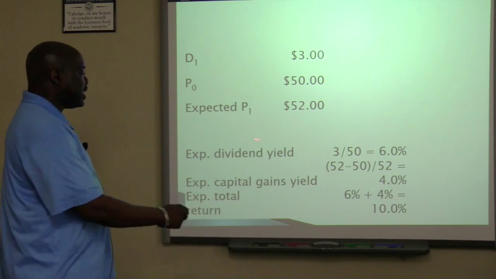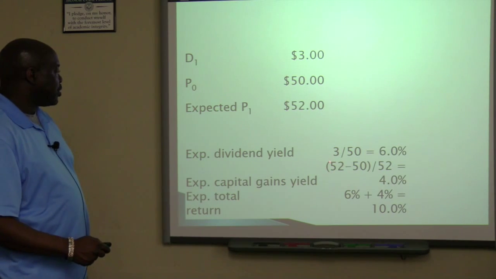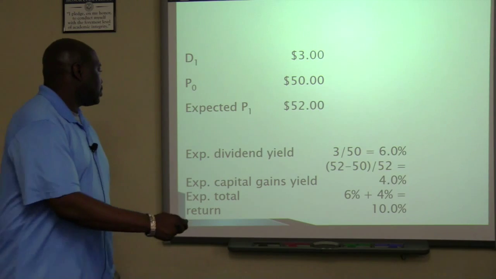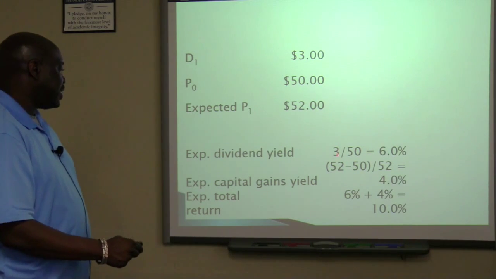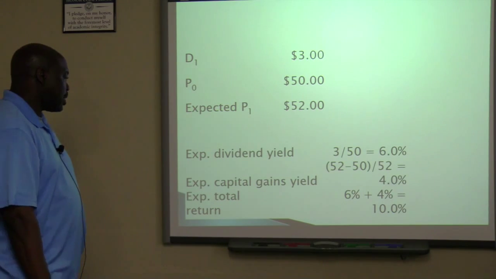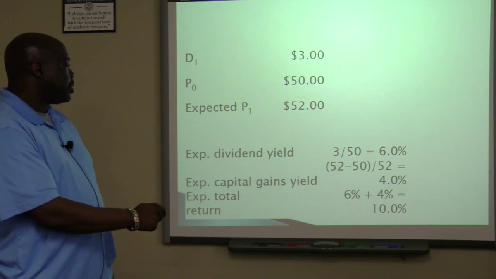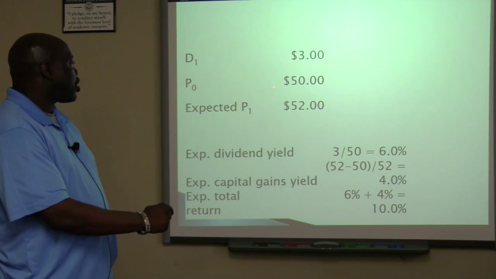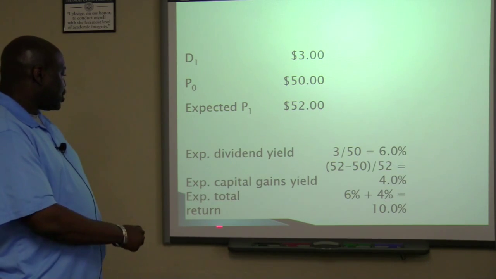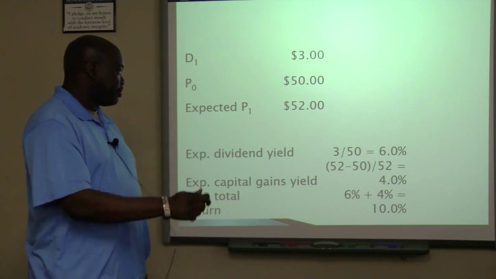We're going to take the $3 divided by our price of $50, so the expected dividend yield is going to be 6%. Our expected capital gains yield is our future price minus our current price, divided by current price: 4%. Our total expected return, you add both of these together: 10%.